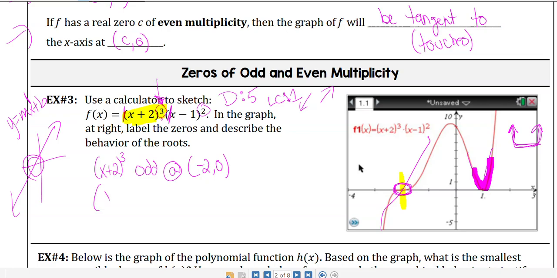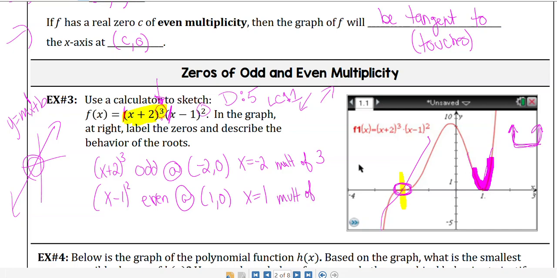And then we have (x - 1) squared, that is even, at (1, 0), so those are the x-intercepts. x = -2 has a multiplicity of 3, and x = 1 has a multiplicity of 2. We already talked about this. This is tangent to the x-axis, and this crosses the x-axis.